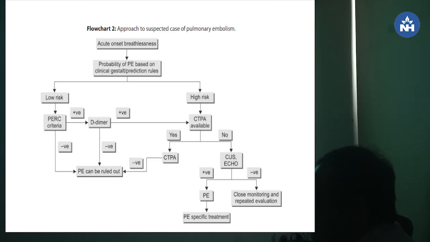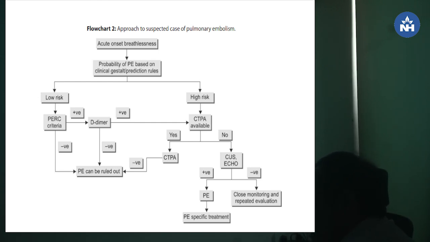So approach to suspected case of pulmonary embolism. If patient has acute onset breathlessness, we assess the probability of pulmonary embolism based on clinical and prediction rules. If it is low risk, then we go for pulmonary embolism rule out criteria, and if negative, then we rule out, as I told earlier. If it is positive, we have to do D-dimer.